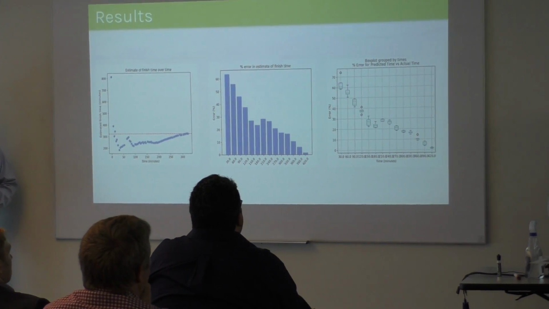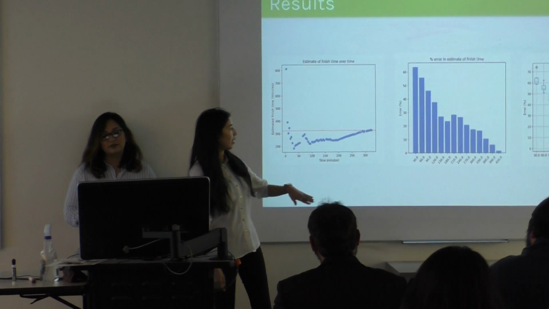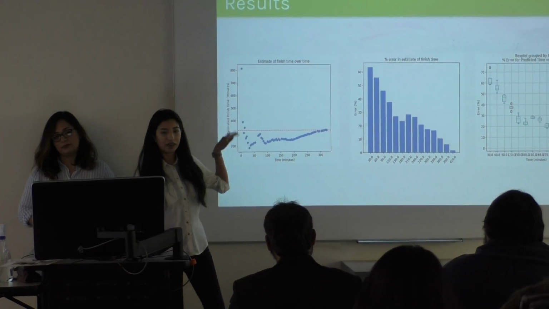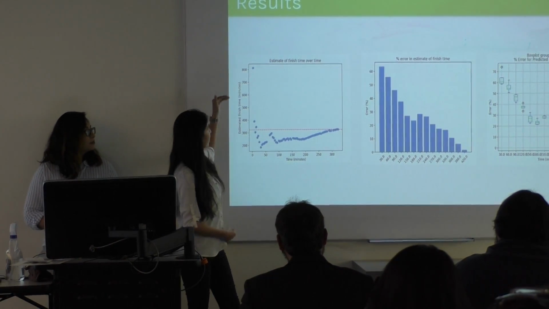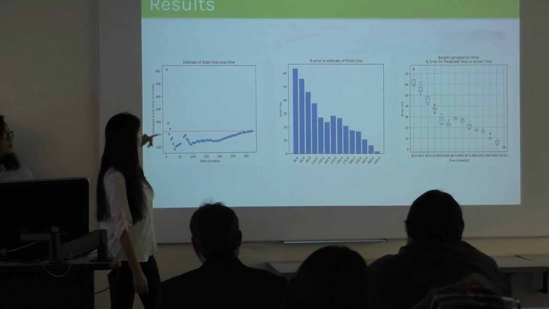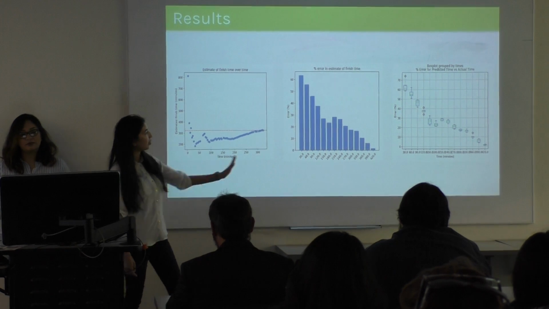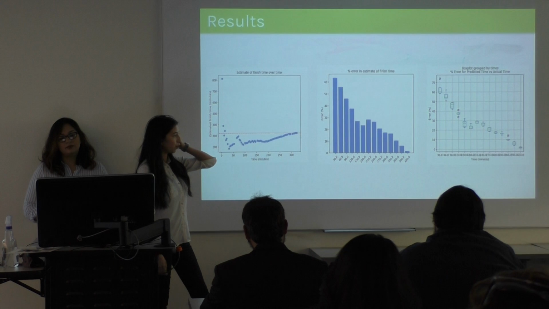With our prediction, we wanted to know how accurate it was, and so we have these three graphs showing just that. On the left, you can see the estimate of a finish time. As time goes on, you can see that we overestimated at first, and then it gets closer to the actual time, which is the red line. In the center, you can see the percentage of error for our prediction.